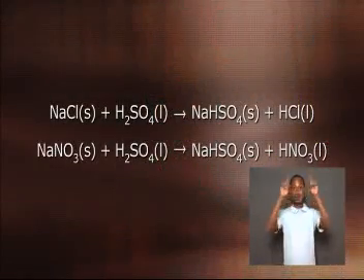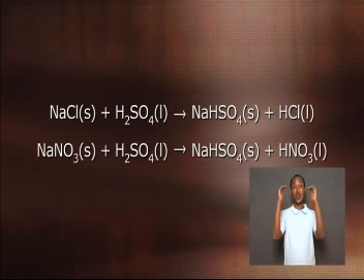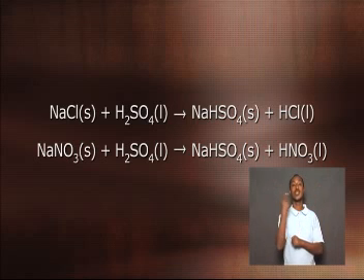As you can see by these equations, hydrochloric acid and nitric acid can be prepared using this method. When sodium chloride reacts with sulfuric acid, sodium bisulfate and hydrochloric acid are produced. When sodium nitrate and sulfuric acid react, sodium bisulfate and nitric acid are formed.